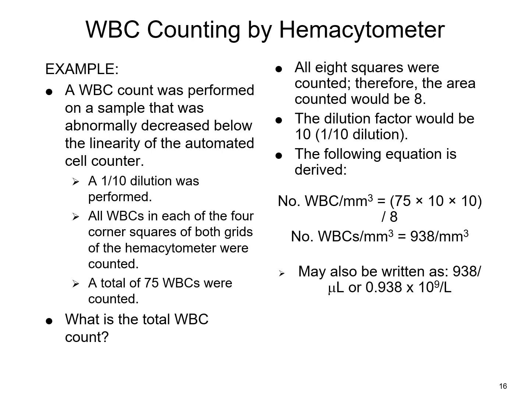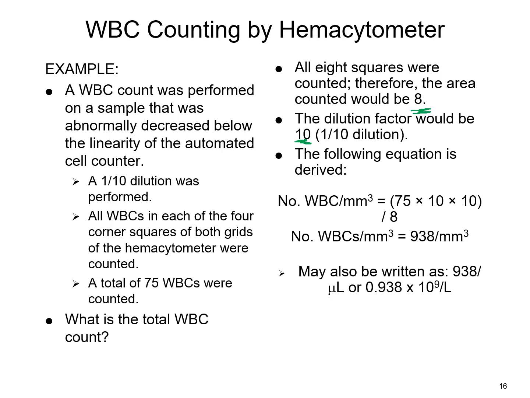So we counted the 4 corners of both sides of the grid, so that's a total of 8. Dilution factor of 10, so a 1 to 10 dilution, or 1 part sample to 10 parts total, so it was 1 part sample, 9 parts diluent to give you a 1 to 10 dilution, so you use that 10 as your actual dilution factor, and then you plug that into the equation.